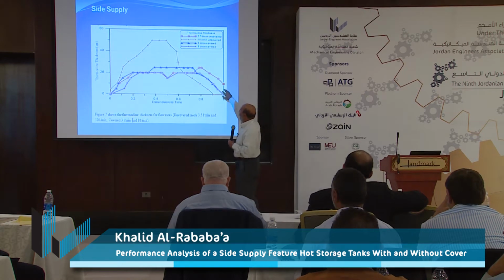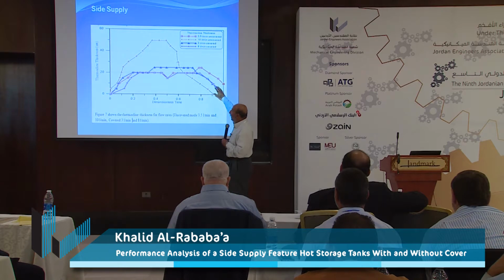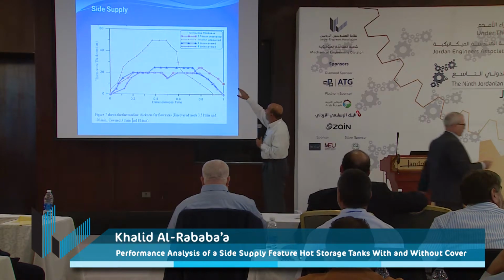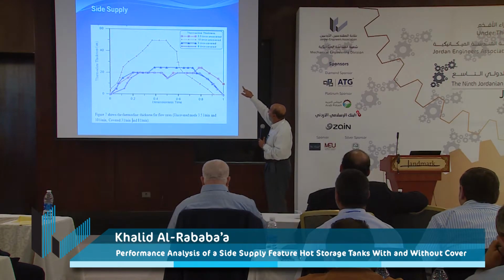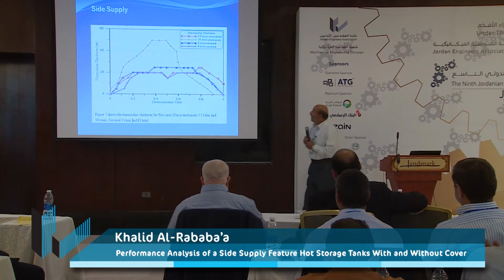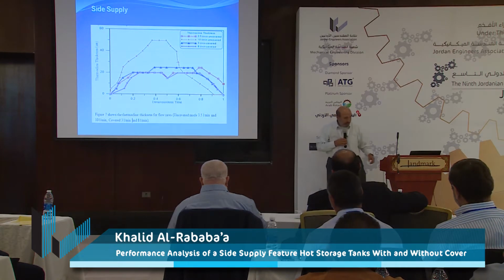For the rest, even though we have certain differences where we can say that this part is better than this part, you can observe that the three other lines, which are 8 liters per minute, 3 liters per minute, and 3.5 liters per minute, covered and uncovered, have approximately the same thermocline thickness.